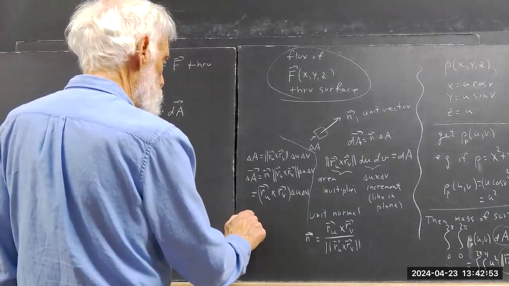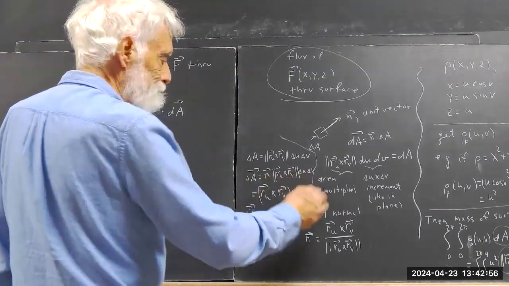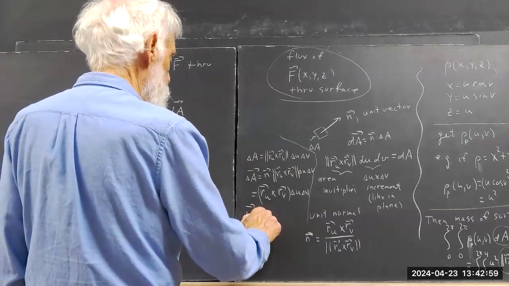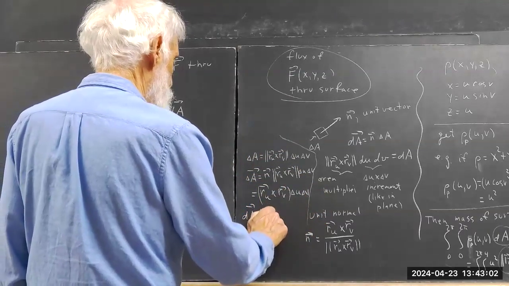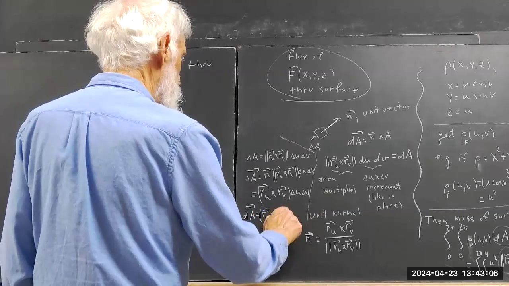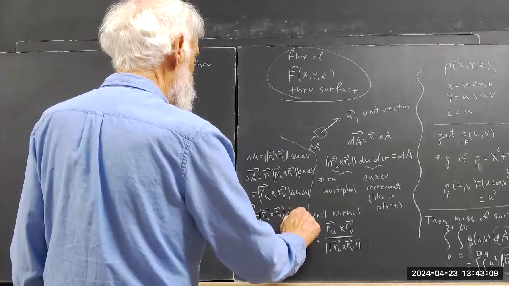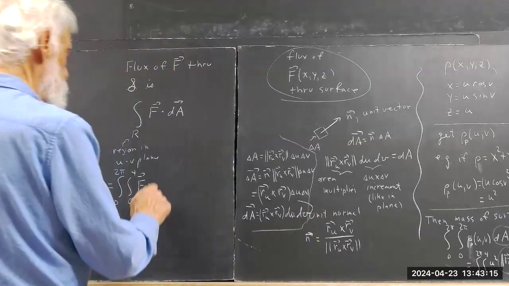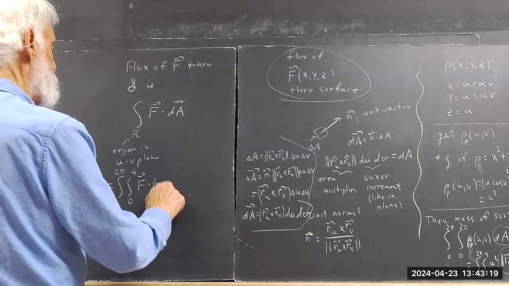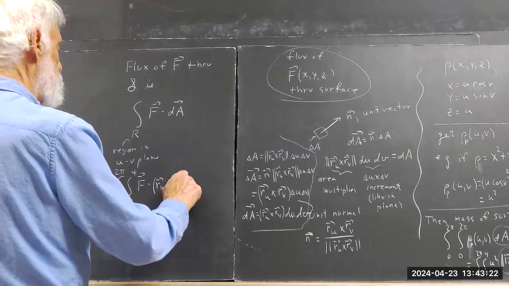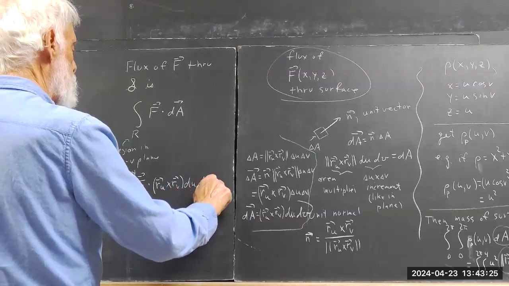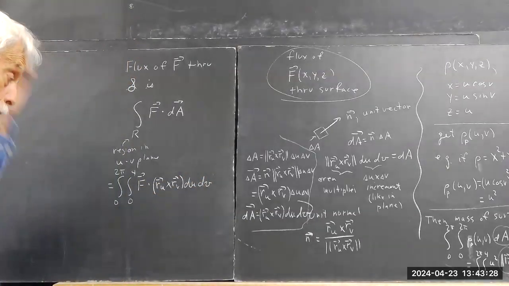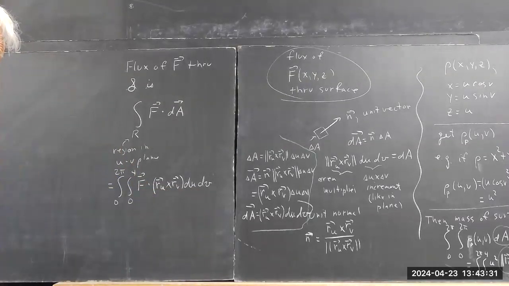One more thing here. dA is the limit as delta U delta V approach 0, so it's RU cross RV du dV. F dot RU cross RV du dV. If you understand what these things mean, this is a vector.